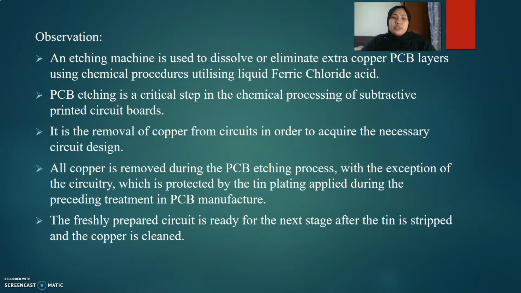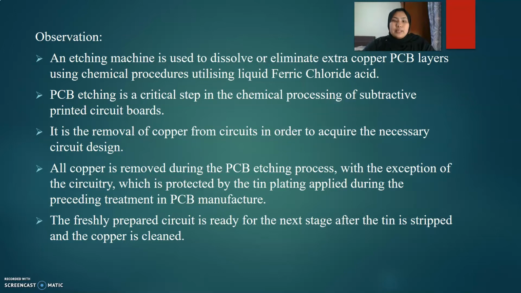Okay, from the observation, an etching machine is used to dissolve or eliminate the extra copper PCB layer using a chemical procedure utilizing liquid ferric chloride acid. Second, PCB etching is a critical step in the chemical processing of a subtractive printed circuit board. Third, it is the removal of copper from circuits in order to acquire the necessary circuit design.